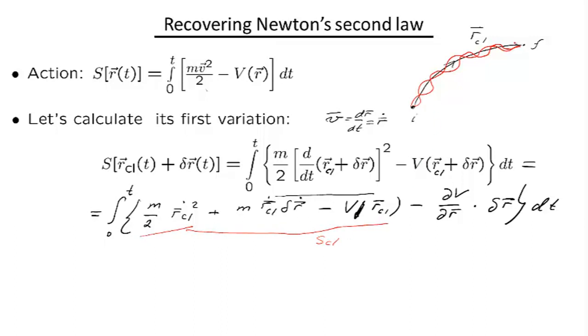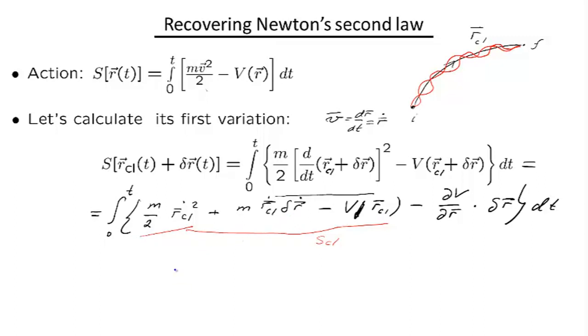Remember, what we want is not the classical action itself, but in some sense the derivative of the action, something proportional to this dr. So the only non-trivial term is this one, and it can be further simplified by using integration by parts.